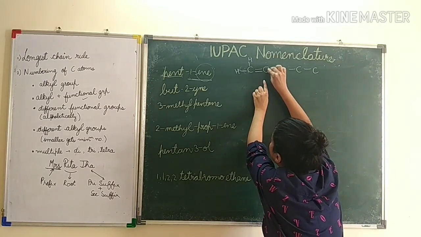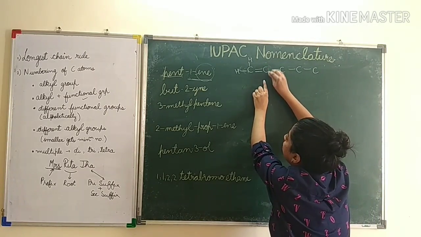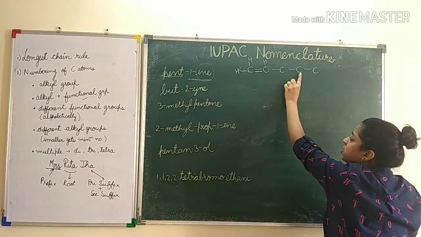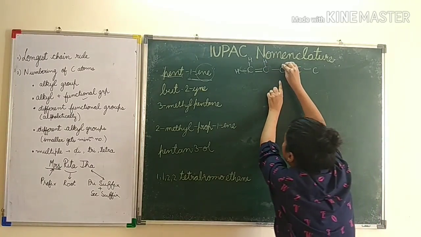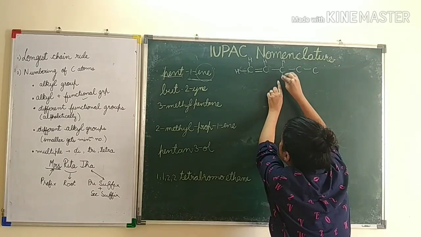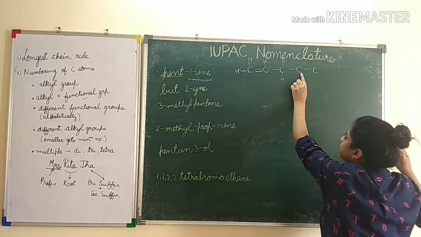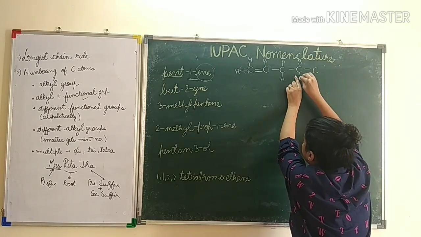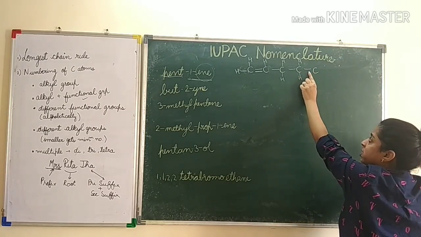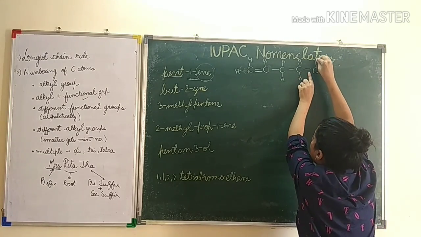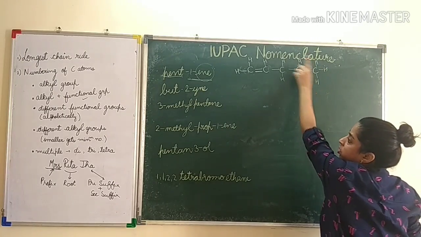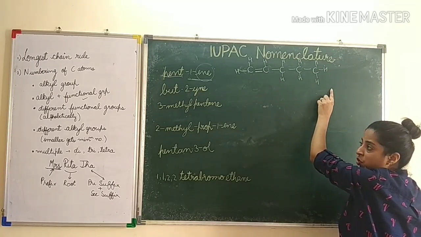You will only write 1 H here, or you can write it here anywhere. For this carbon, 2 valencies are already satisfied, so 2 more. So 1 hydrogen here, 1 hydrogen here. This carbon again 2 is satisfied, so 1 here and 1 here. This carbon only 1 is satisfied, so 3 hydrogen. 1, 2, 3. Okay. So this is how you will write the structure.